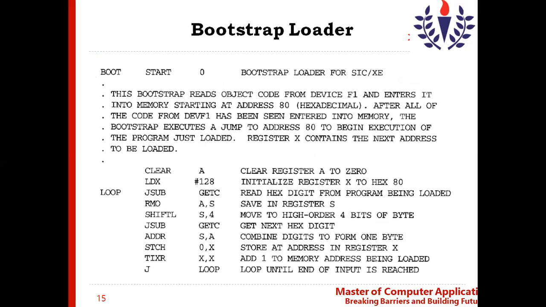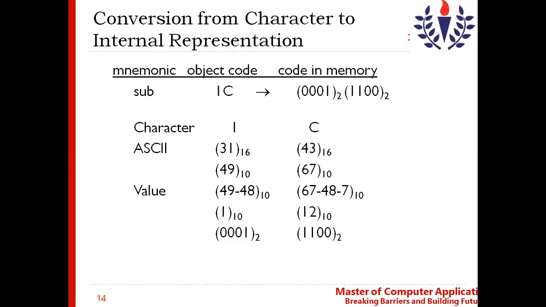So for the conversion, I have already shown you how it takes place. It checks with the value 48 and also with the value 10. If the value is less than 48, then it goes for the next character.